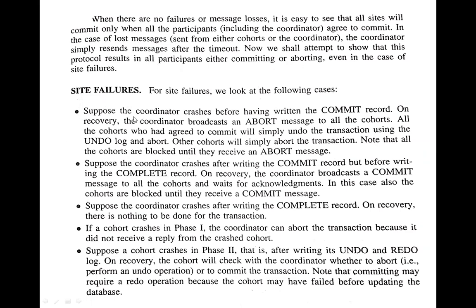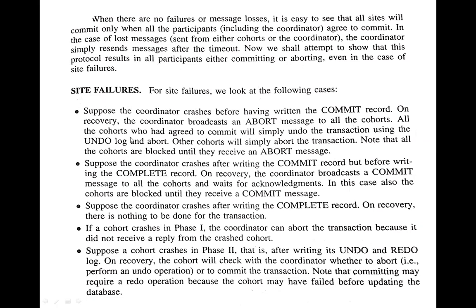The first case is, suppose the coordinator crashes before having written the commit record, before sending the commit message. On recovery, the coordinator again broadcasts an abort message to all the cohorts, because it crashed before writing the commit.